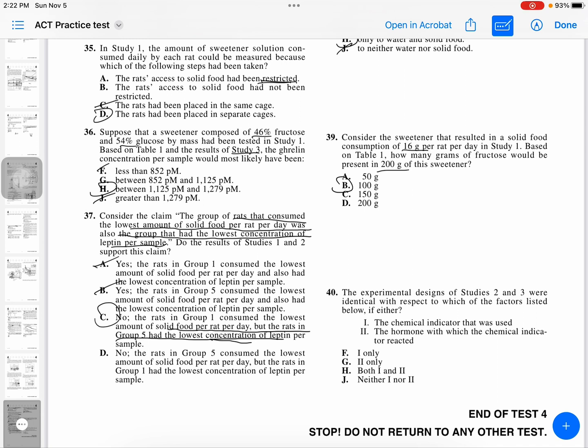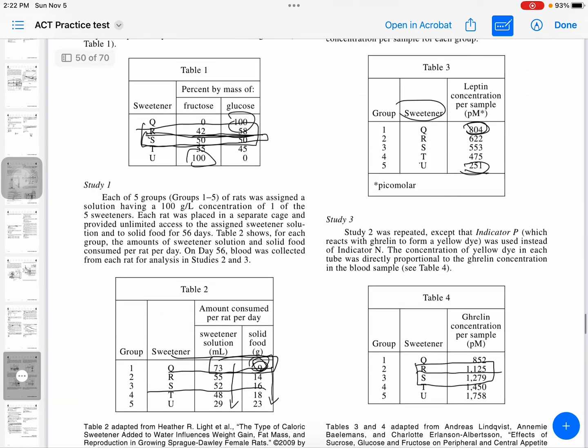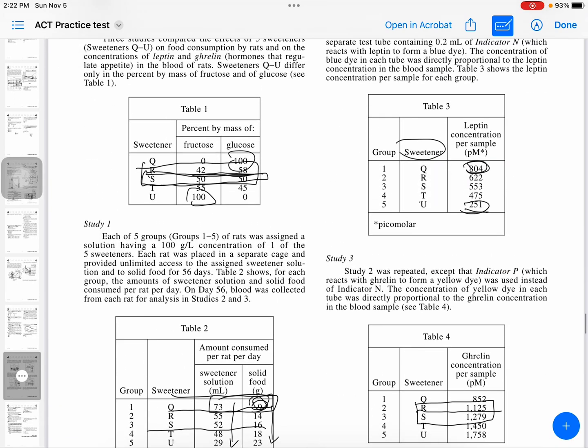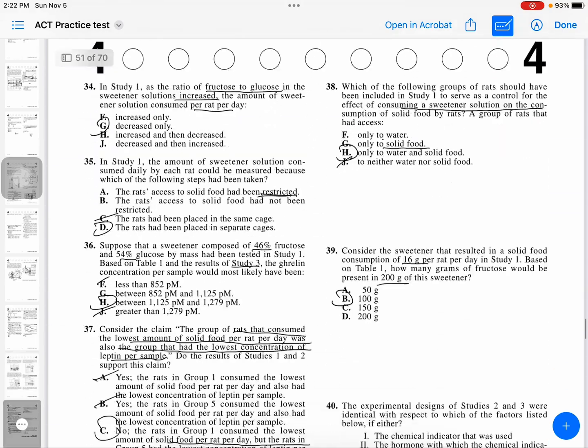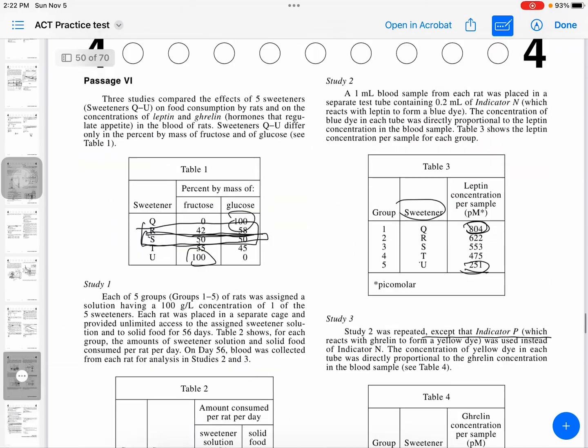And the experimental designs of Study 2 and 3 are identical with respect to the factors listed below: the chemical indicator that was used, and the hormone with which the chemical indicator was used. Okay, Studies 2 and 3.